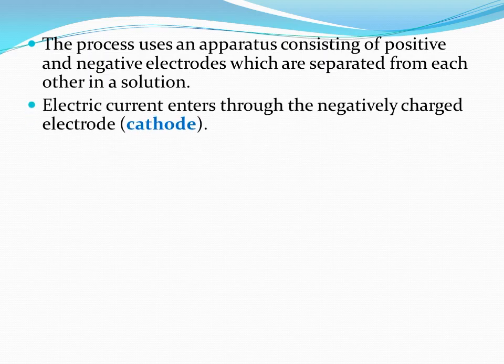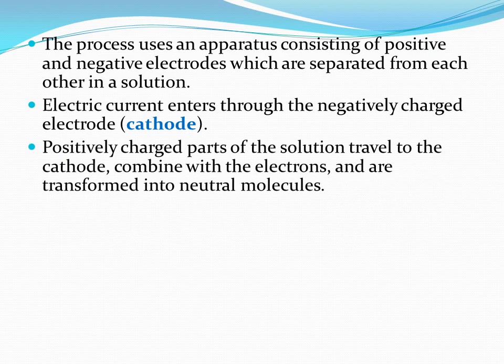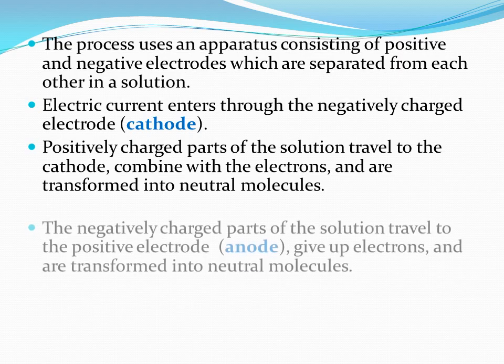Electric current enters through the negatively charged electrode, that is called the cathode, and positively charged parts of the solution travel to the cathode. Because oppositely charged particles attract each other, they combine with the electrons and are transformed into neutral molecules. That means they are separated.